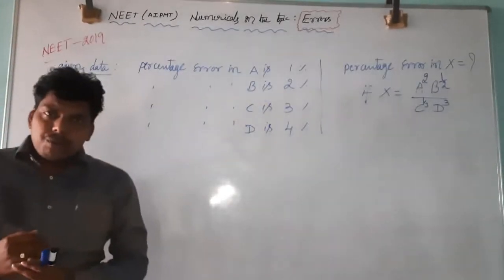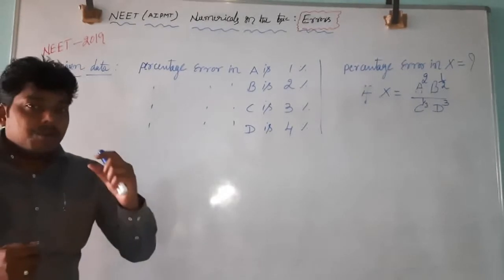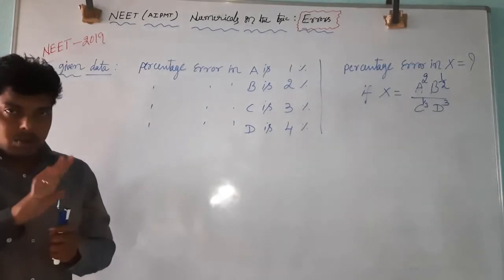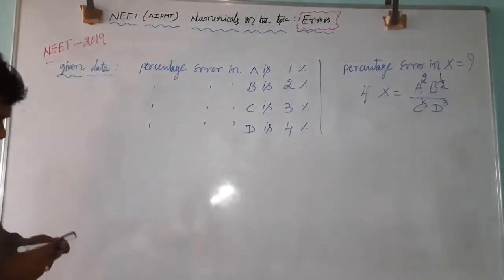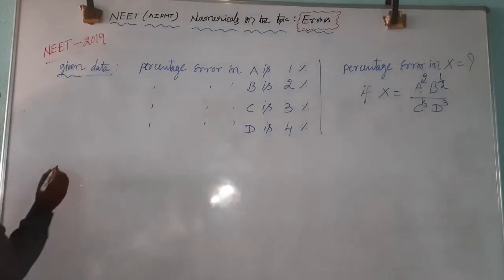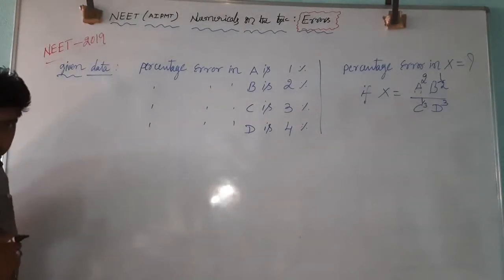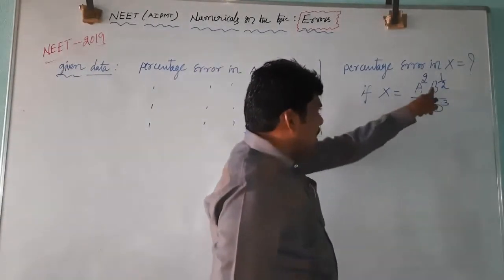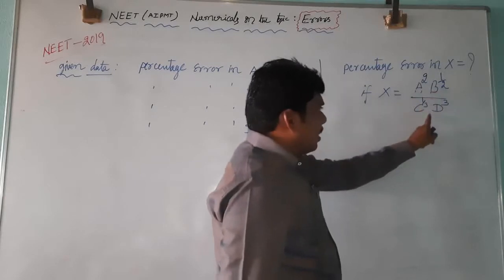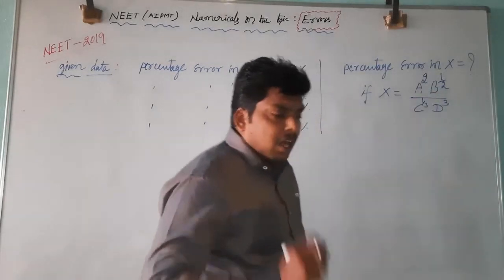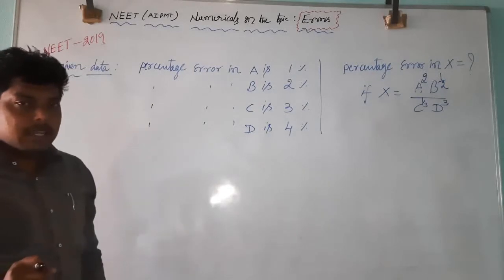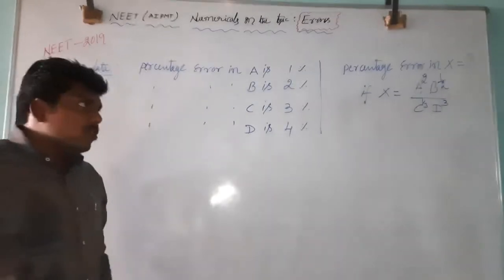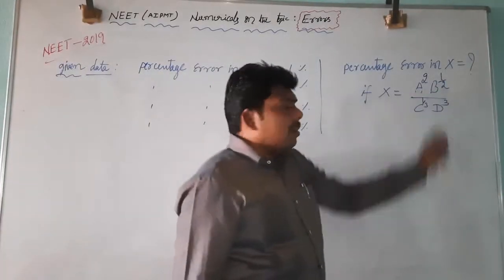Here error due to multiplication or error due to division, these two are having the same formula. Even though we will use the same thing only, there will be no difference at all. Means that error due to product or error due to division, we have to use the same formula. Whether it may be product or division, we have to use the same formula. Error due to product or error due to division is given by the sum of the relative errors which are present in the given physical quantities only.